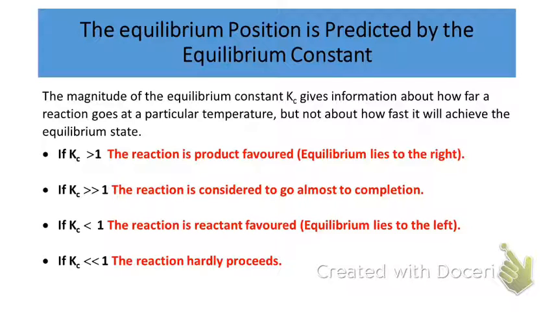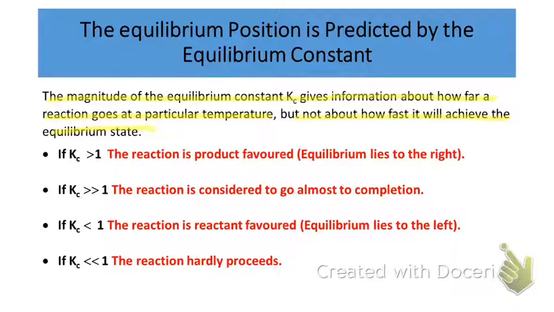That's so important. Okay, now the equilibrium expression, specifically the value of Kc, can help us determine the position of the equilibrium when we've reached an equilibrium state. So the magnitude of the equilibrium constant gives us information about how far the reaction goes at a particular temperature, but not about how fast we achieve the equilibrium state.